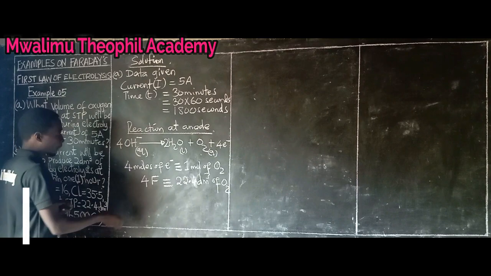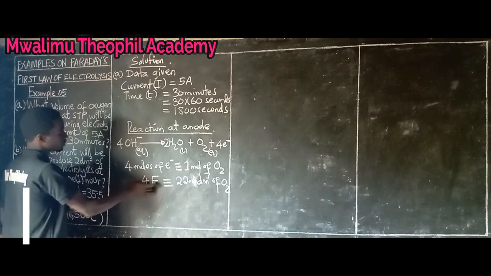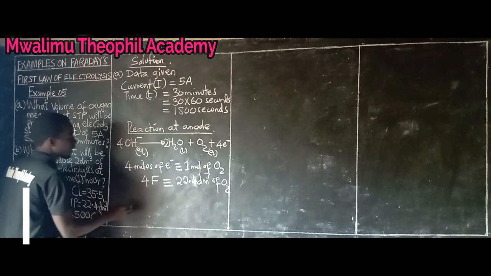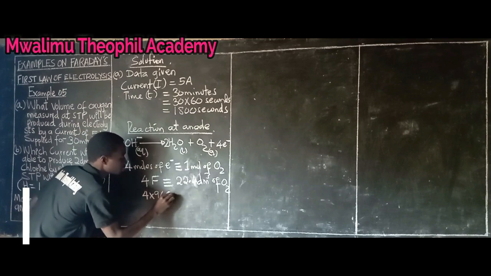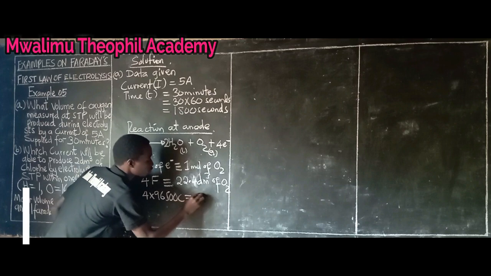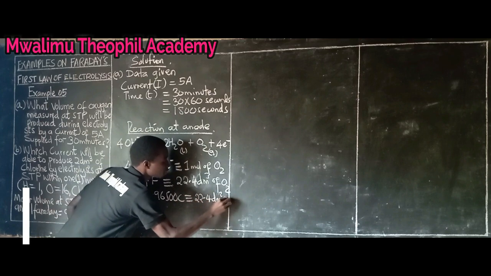Now, let us change these Faradays into Coulombs, into charge, so as to compare it with the data we have. Here, we will have 4 times 96,500 Coulomb equivalent to 22.4 decimeter cubic of oxygen.